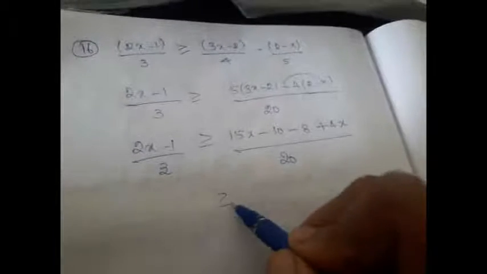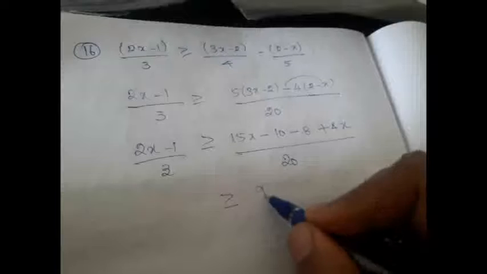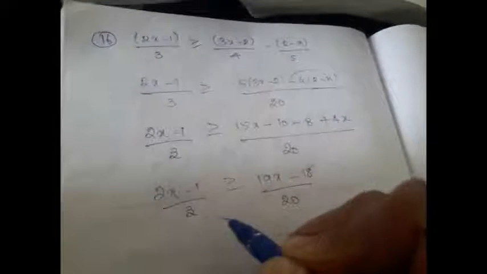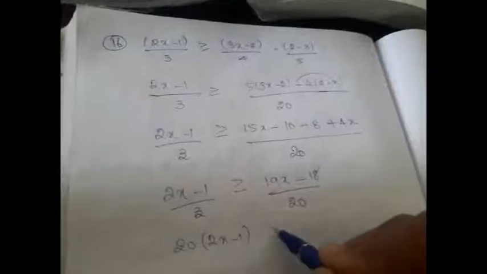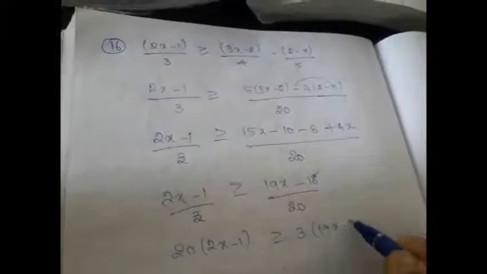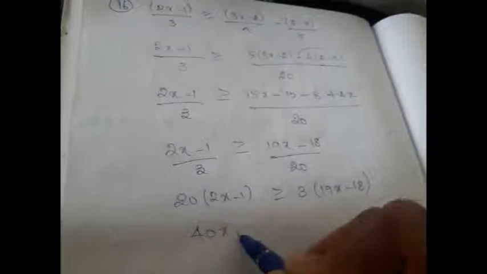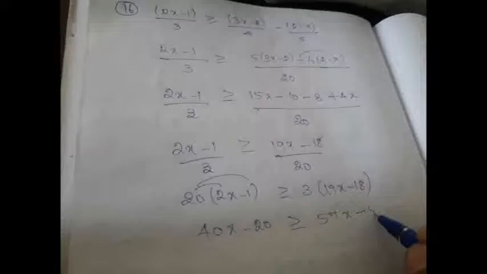This side it is (2x minus 1) divided by 3. 15 plus 4 will become 19x. Minus 10 minus 8 is 18, divided by 20. This side (2x minus 1) divided by 3. Now cross multiply it. 20 into (2x minus 1) is greater than or equal to 3 into (19x minus 18). So 40x minus 20, I have multiplied, which is greater than or equal to 3 into 19 is 57x minus 54, multiplied.